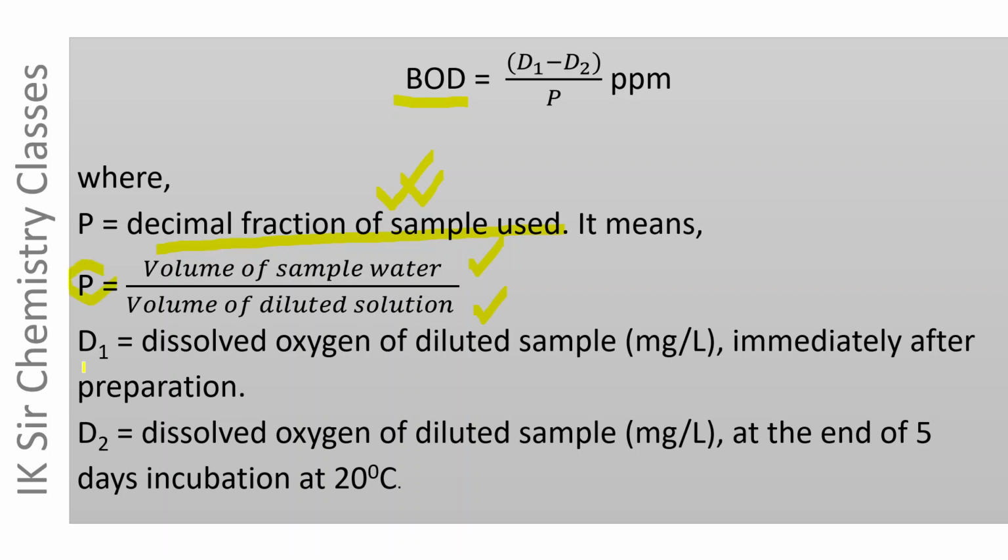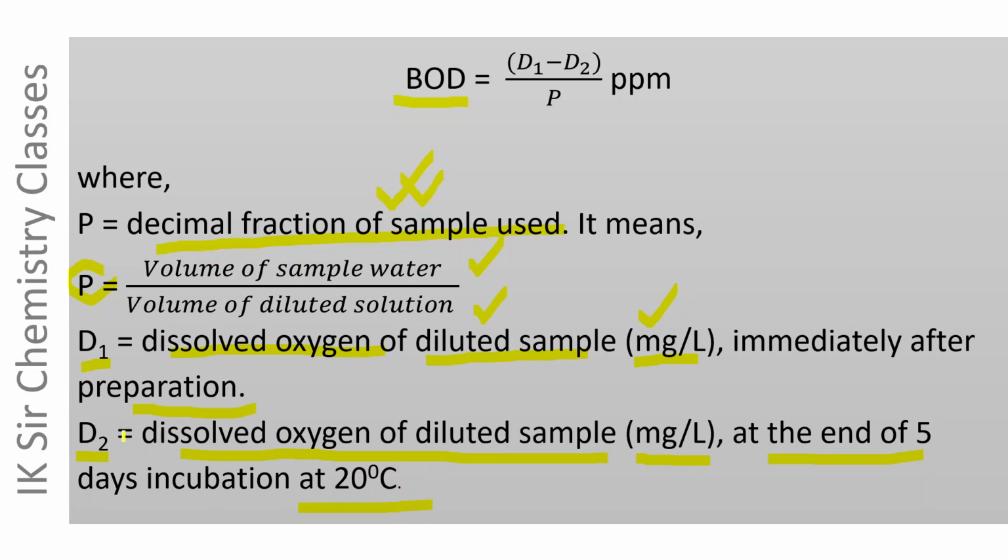D1 is the initial dissolved oxygen level in the diluted sample in milligram per liter just after the preparation of the sample, while D2 is the dissolved oxygen level of the diluted sample in milligram per liter at the end of 5 days of incubation at 20 degrees centigrade.